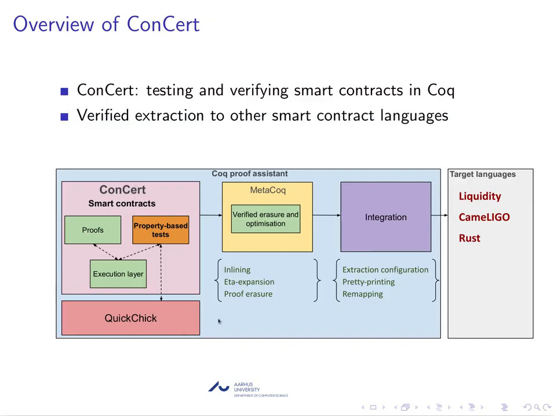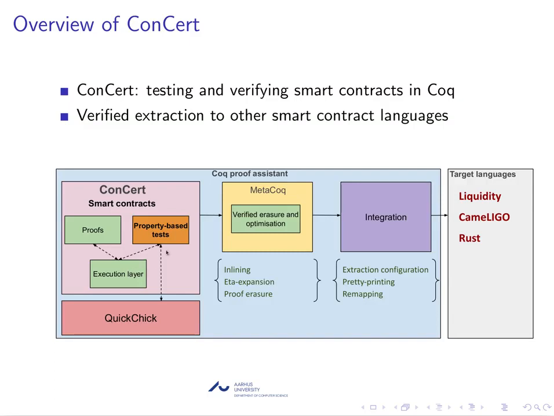In the figure we see ConCert's pipeline. In ConCert, smart contracts are Coq functions, and we connect a verified execution layer that models smart contract execution, which allows us to prove temporal properties about smart contracts.